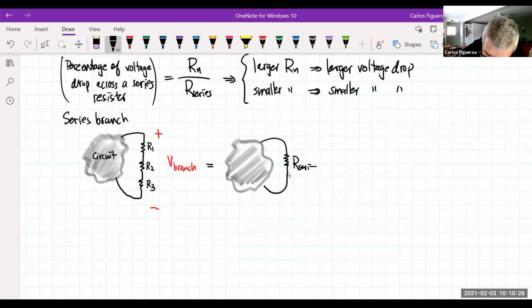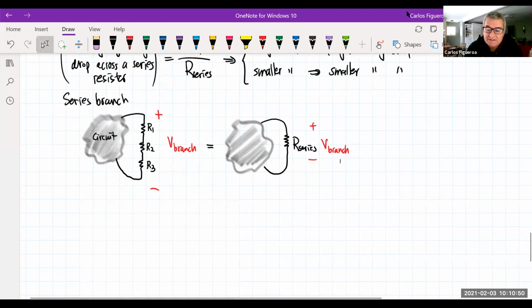Here's my series resistance. And then what you're going to see here is that I then have this branch. So all of a sudden, the circuit is a lot easier because I've now isolated it, but I can also calculate any of the individual voltages here.